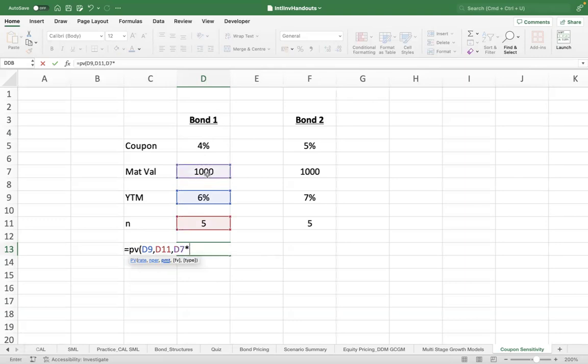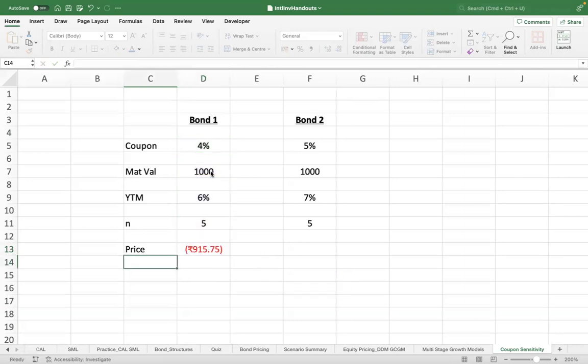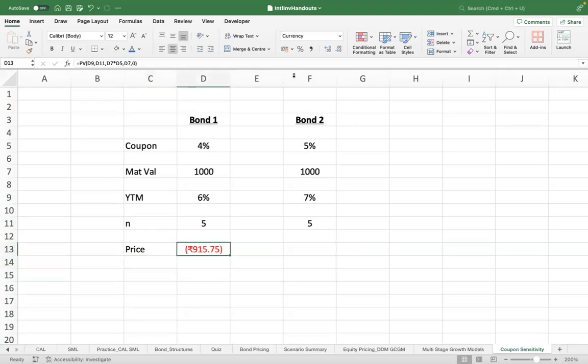PMT is 1000 into 4% rather. Maturity value is 1000. And we are assuming that these are payments which are made at the end of every year. So we got the price as $915.75. So that I'm going to put here.